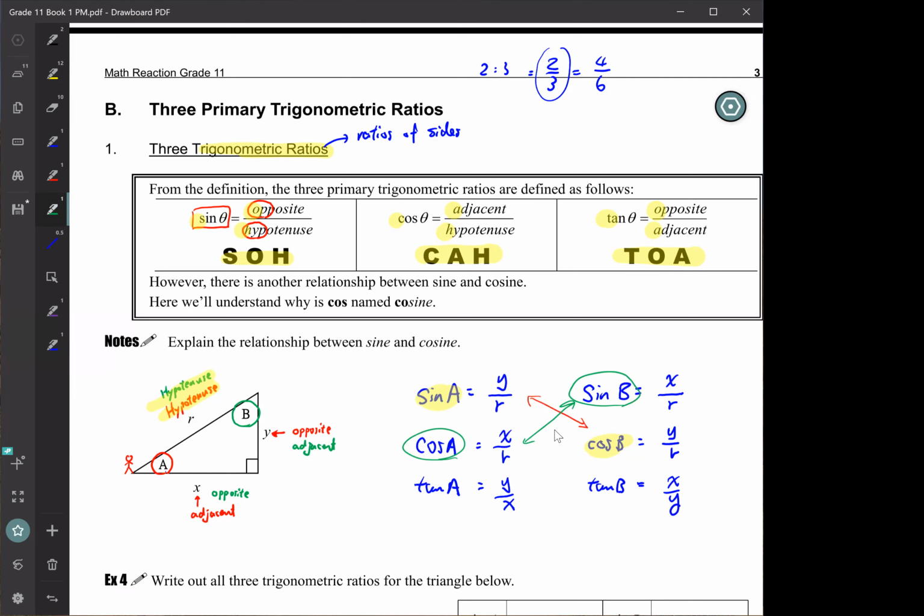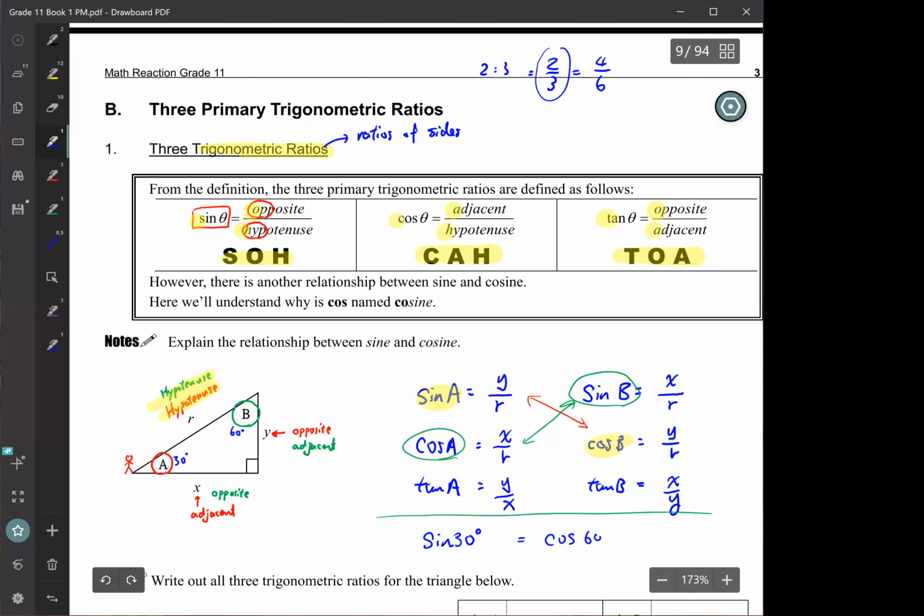So what that means, for example, if I have sine of 30 degrees, that means over here is 30 degrees. That means the other angle will be 60 degrees, so it should equal cosine of 60 degrees, because A and B should add up to 90.